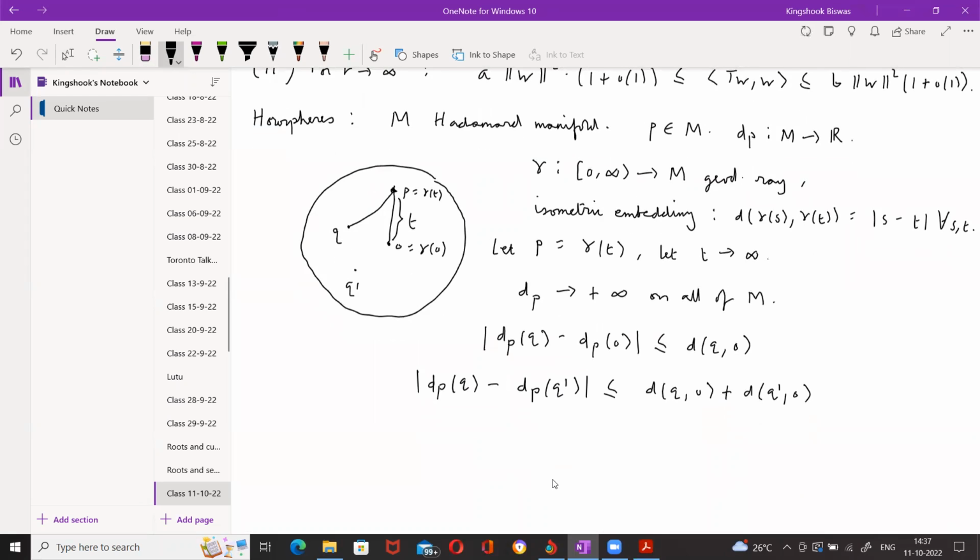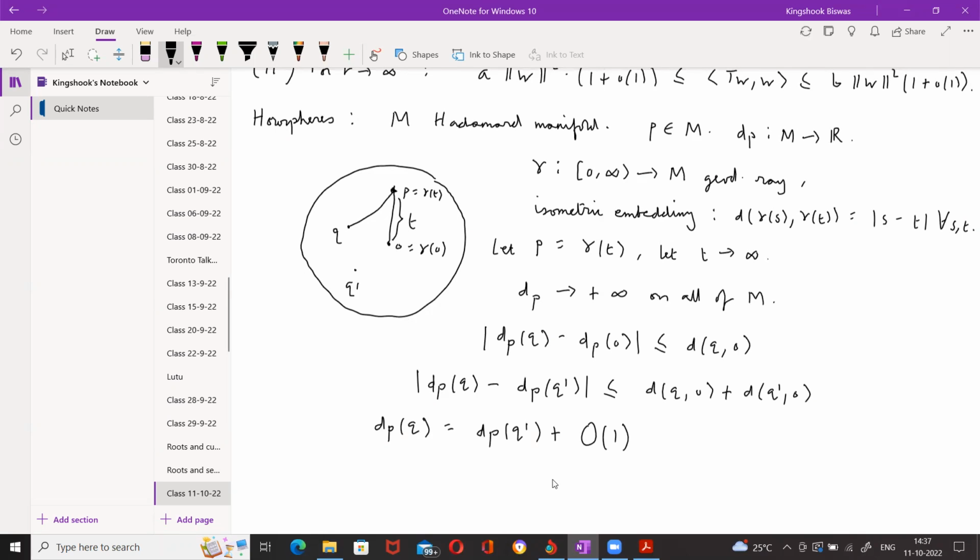So that means that d_P(Q) is equal to d_P(Q prime) plus O(1), something bounded. So if I rescale, if I divide by something, I'll just get 1 on both sides. I'll get a constant. Dividing is not the right thing to do.